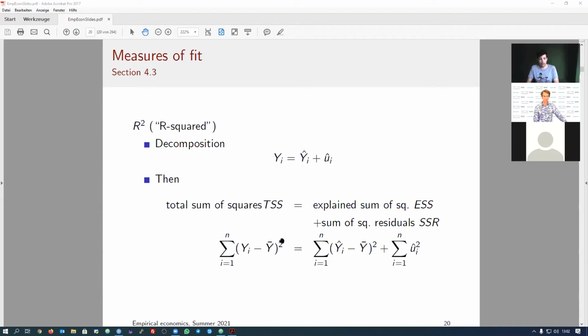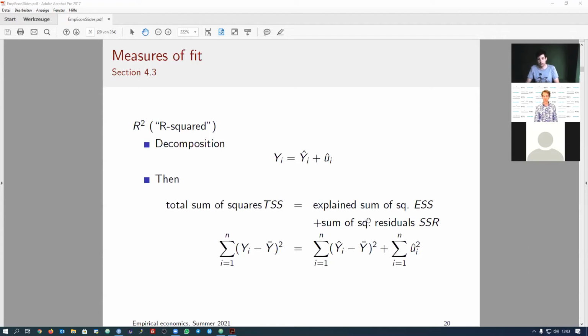On the left-hand side, we have the total sum of squares, so the variation of our y variable, our test score. On the right-hand side, we have the variation that we can explain with the regression line, so how much the regression line varies, plus the sum of the squared residuals, meaning the part of the variation that we cannot explain with our model, because u_i incorporates all the variables that we do not include in our model.